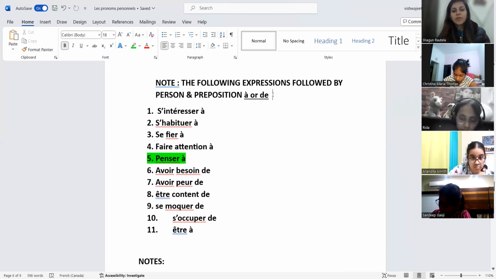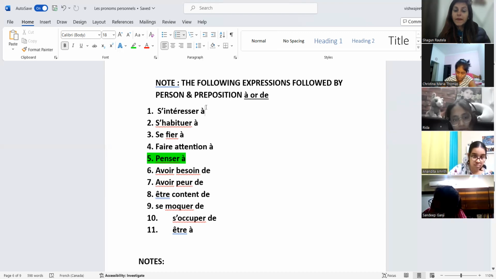Okay, so please remember that all these expressions should be followed with a person. This is very important. If these verbs are followed with a person, we are always going to write the tonic pronoun. Ma'am, even the ones... Even the ones, yes. Okay, but they should be followed with a person.